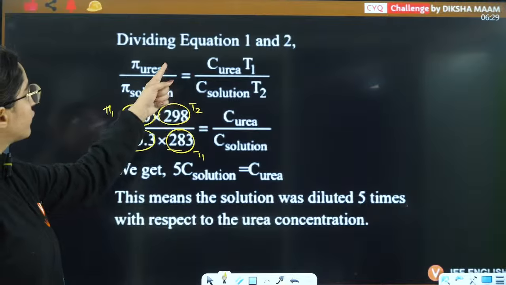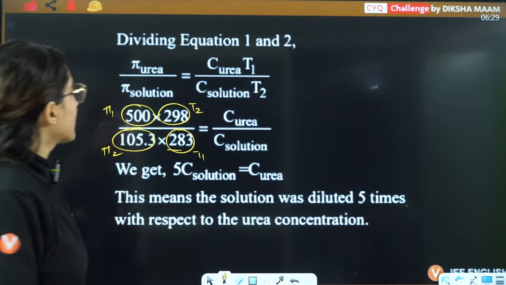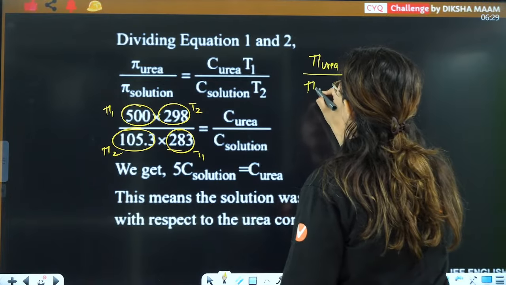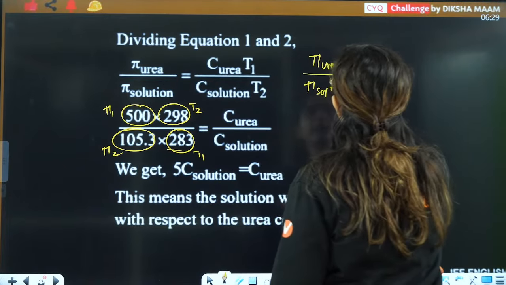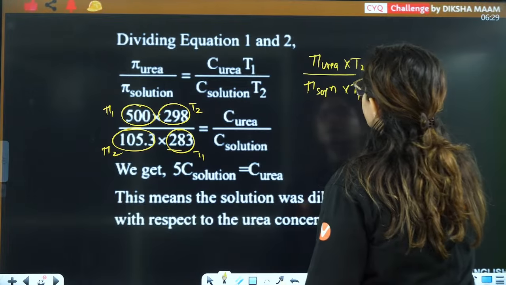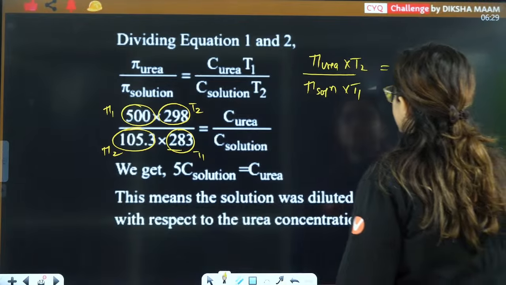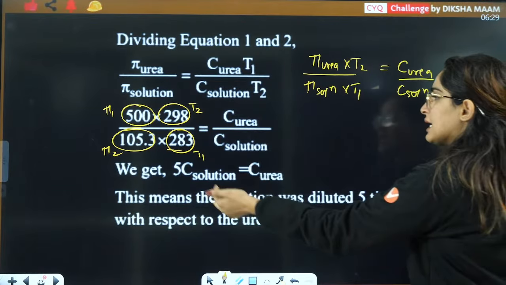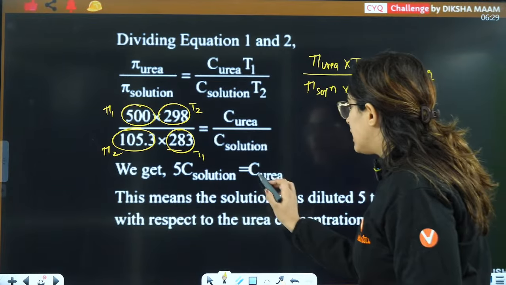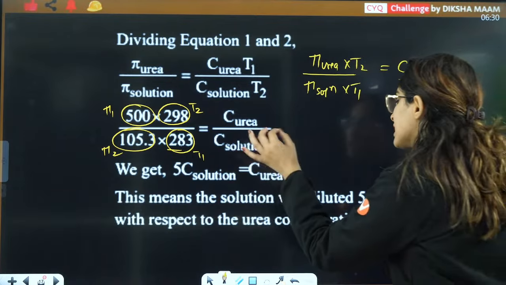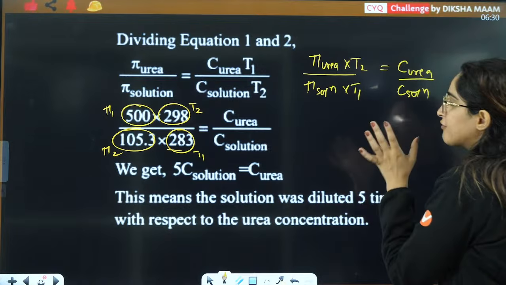So T2 will come to this side, T1 will come to this side. As you can see, this will be pi of urea by pi of solution, this will be T2 by T1, and this will be C of urea by C of solution. So put the values here and we will get that C of urea is equal to 5 times C of solution. That means the solution was diluted 5 times.